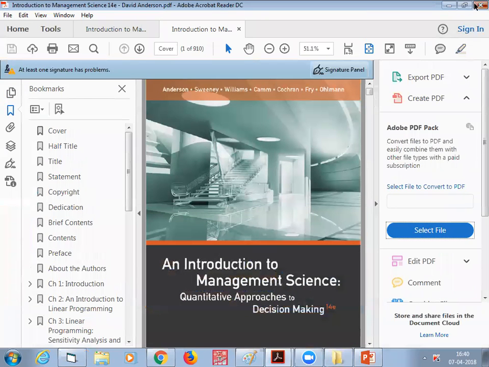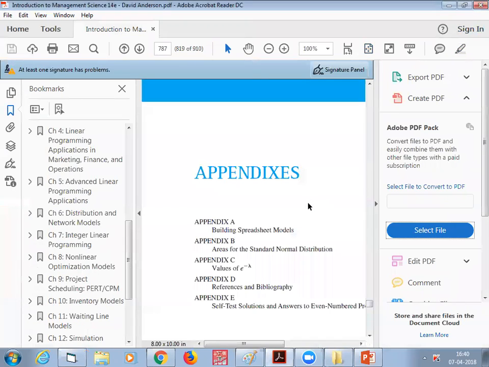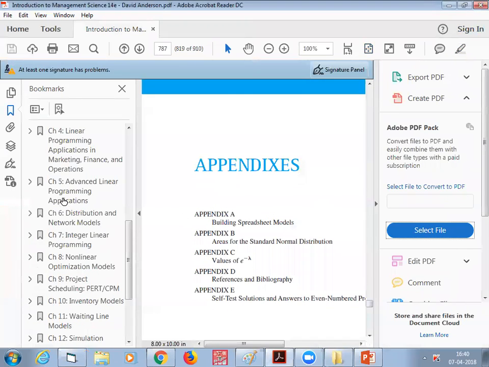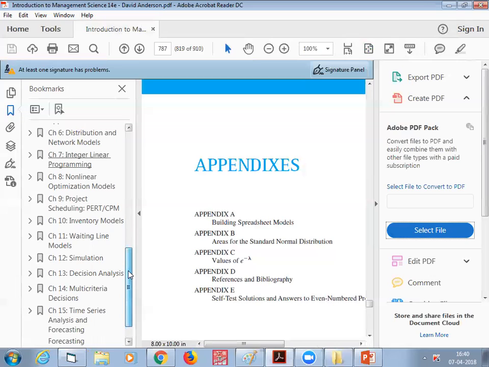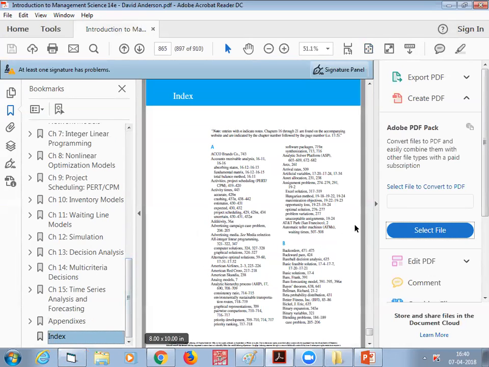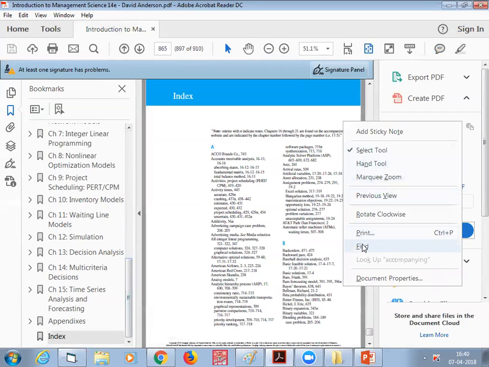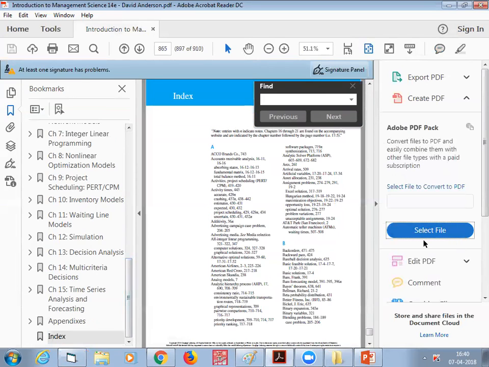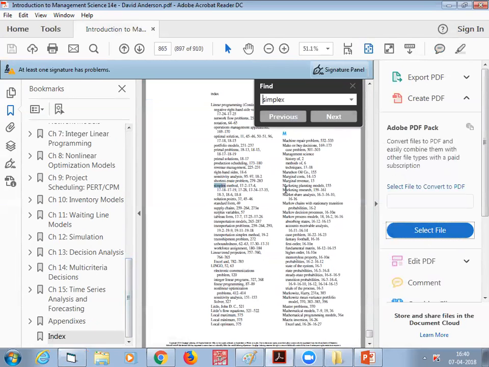Is it the same one? Okay. Good question. It is. Okay, maybe this version of the book doesn't have it. Let's search for it. How do we search here? Find. Simplex method.